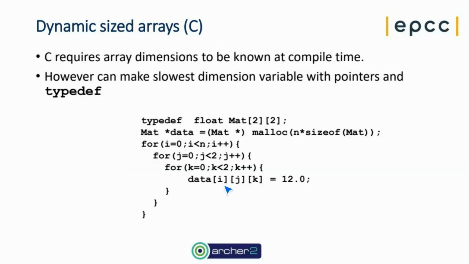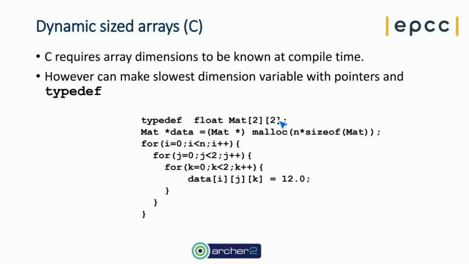If I have a 3-dimensional array, I can use a typedef to define the two rightmost dimensions, and then the outer dimension can be dynamically allocated. The compiler can still do all the index calculations that it needs to do.